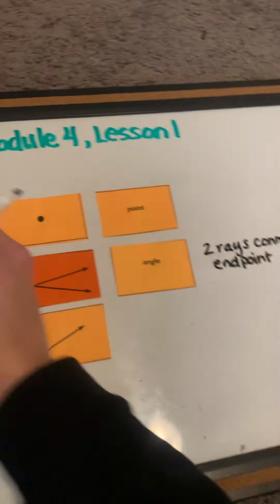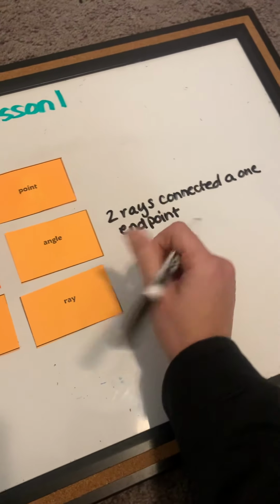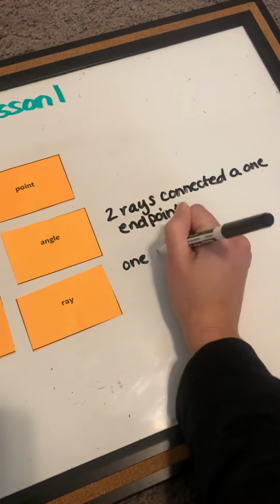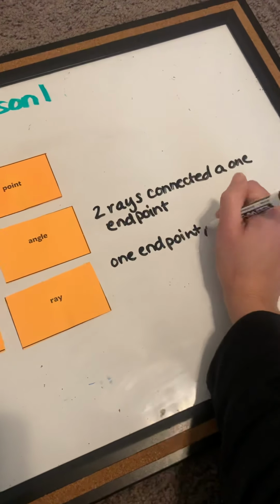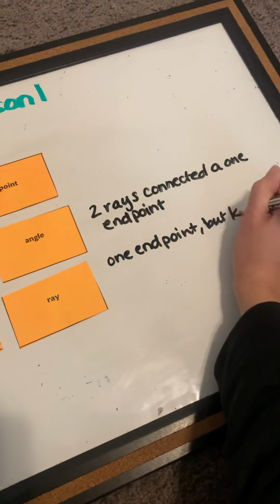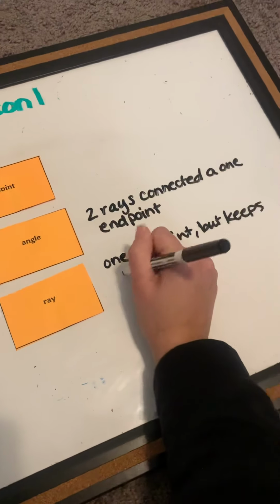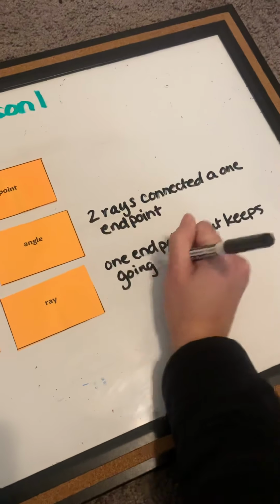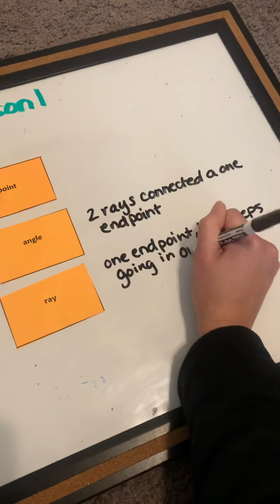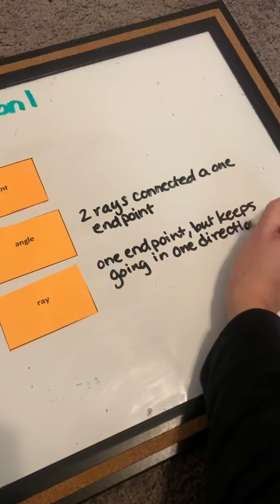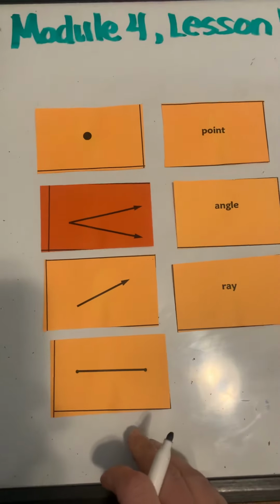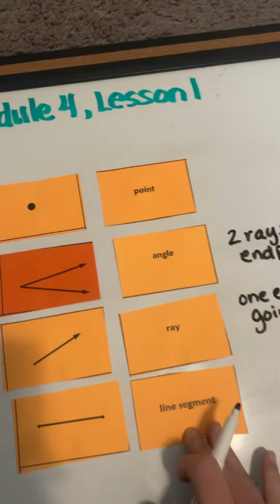Okay. Let's see. What's this one? It only has an arrow in one direction, so that's a ray. So it has one end point, but it keeps going in one direction. Then what's this one right here? I see two dots, so this one must be a line segment.